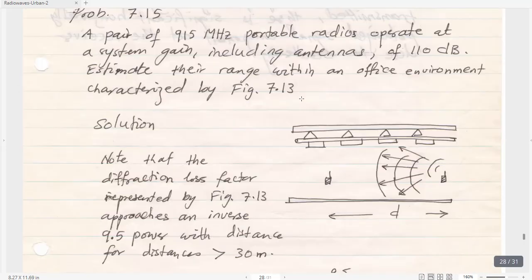Now we have this problem example. A pair of 915 megahertz portable radios, this is the frequency, operate at a system gain, including antennas, of 110 dB.